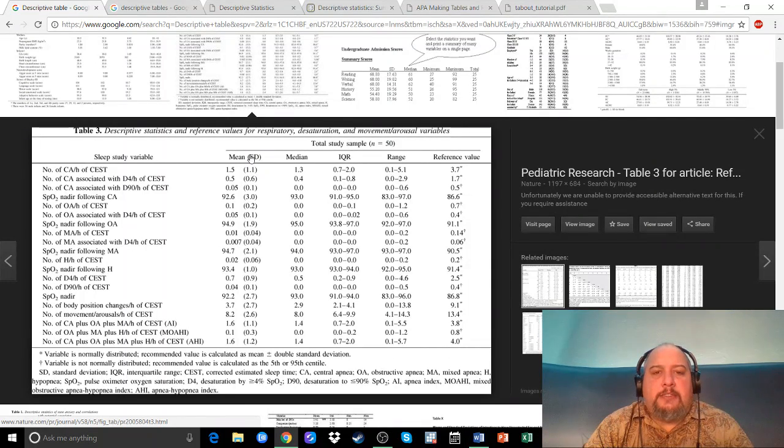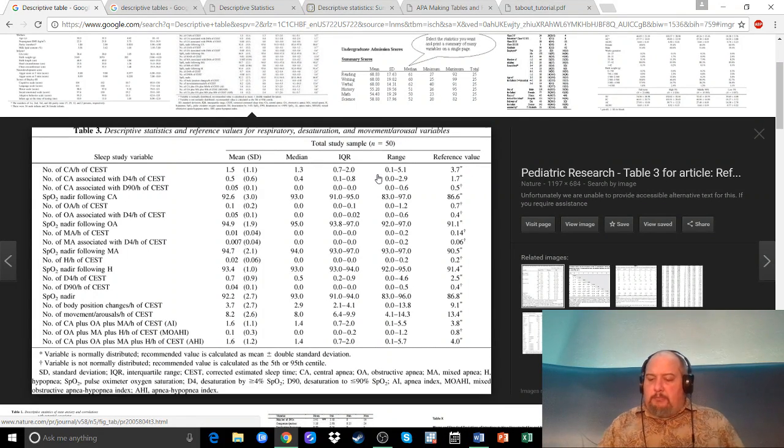I've got the mean and the standard deviation. That's center and spread. I have the median. That's also center. I have IQR and range. That's spread. So I've got spread over here and spread over here. Already this should be sending warning flags as to the ability of the presenter of this information.